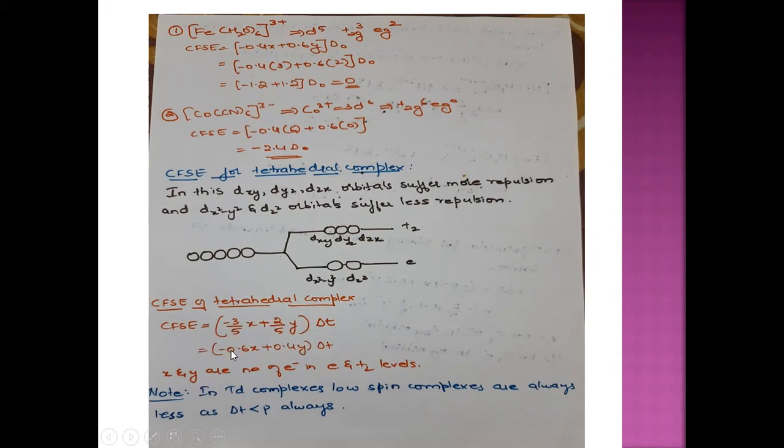That's why the formula is minus 0.6x plus 0.4y, where x stands for the number of electrons in the E level and y stands for the number of electrons in the T2 level. Why? Because delta T is always less than P here. That's why for strong and weak ligands, the electron filling method is one and the same. I will not discuss the problems because I have discussed them the same way. Once you write the configuration, it is easy to substitute and find the crystal field stabilization energy.